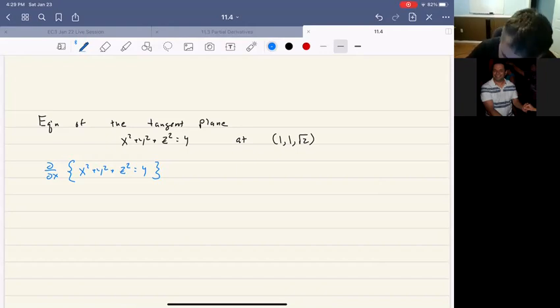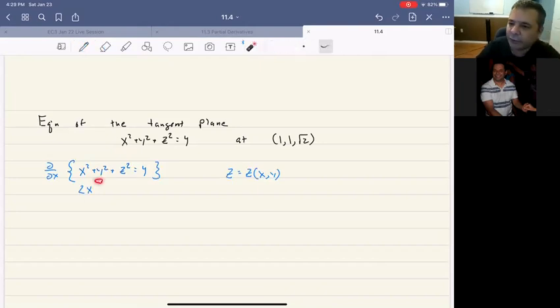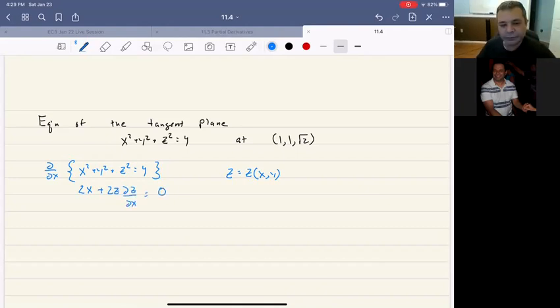Okay, so z is a function of x and y. So when we do the partial with respect to x, y is still an independent variable. So we're going to get 2x, derivative with respect to x of y squared is 0, plus 2z partial of z with respect to x equals 0.